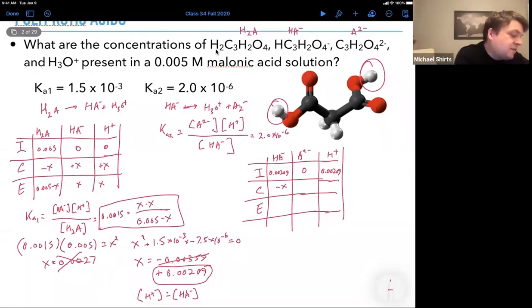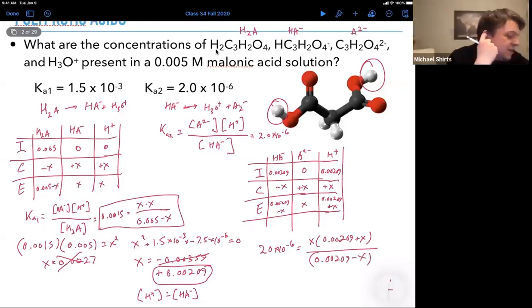This is minus x, this is plus x, this is plus x, and so we get 0.00209 minus x, and 0.00209 plus x. So we plug this in and we get 2.0 times 10 to the minus sixth is equal to the concentration of A2 minus, which is x, times the concentration of H plus, which is 0.00209 plus x, and then the concentration of HA minus is 0.00209 minus x.